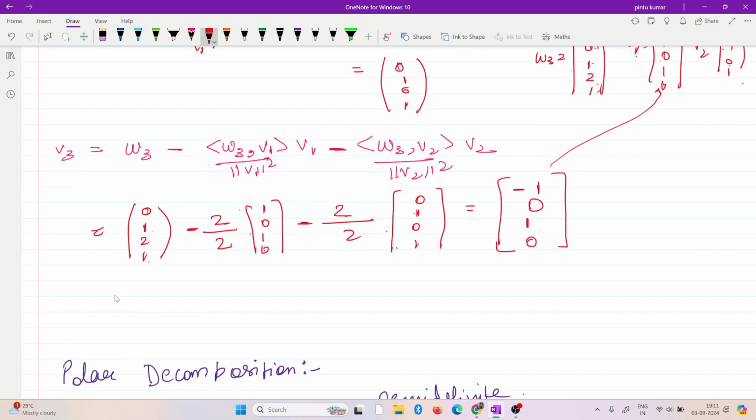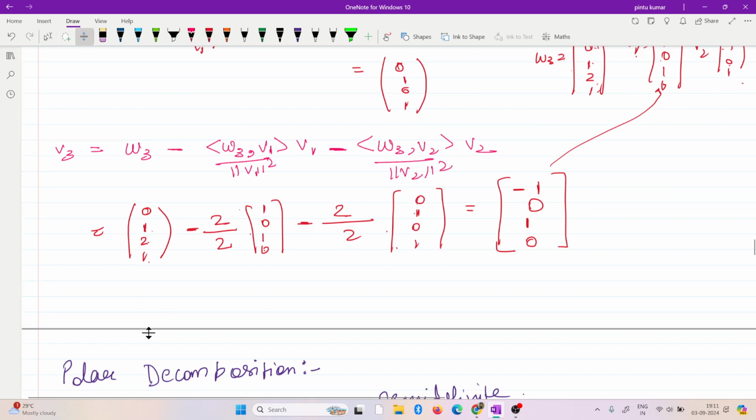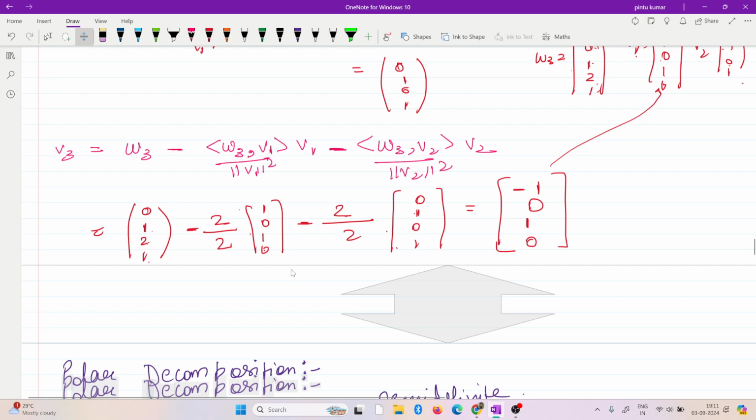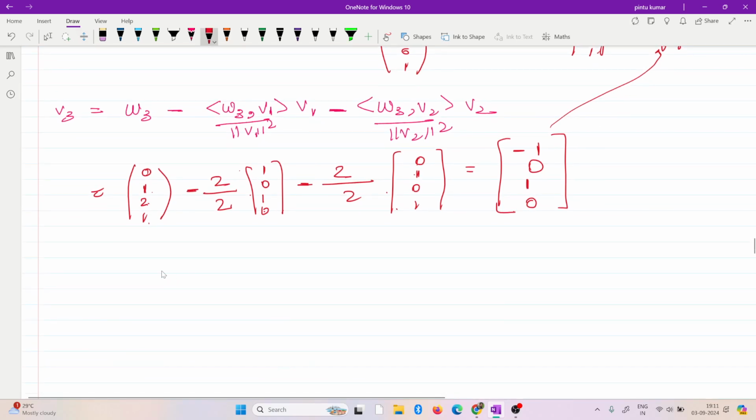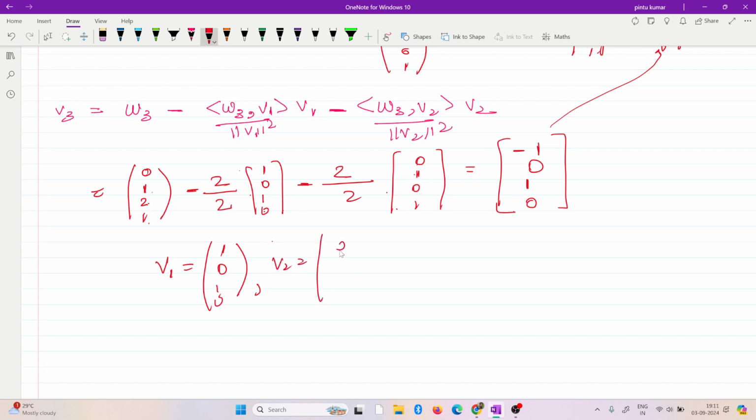So the set of orthogonal vectors that you have obtained is V1 equal to 1, 0, 1, 0, V2 equal to 0, 1, 0, 1, and V3 equal to minus 1, 0, 1, 0.